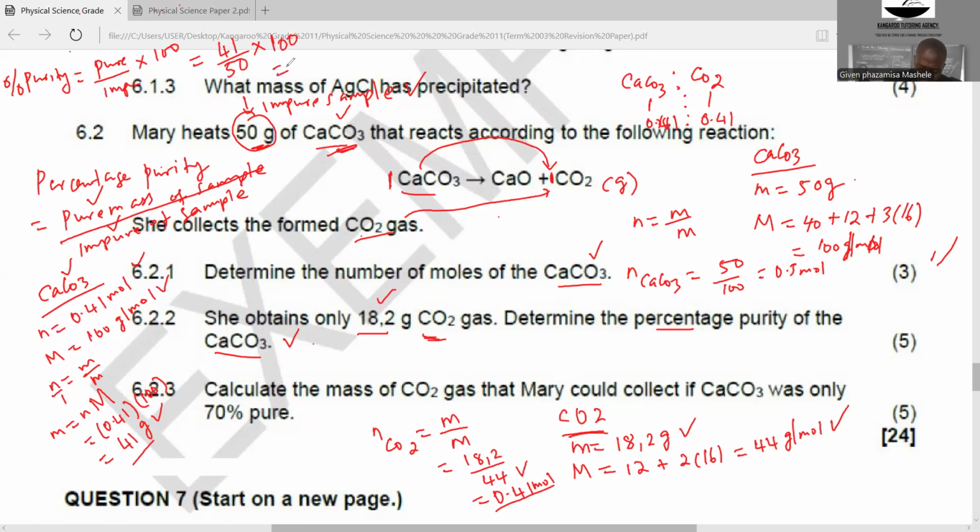This will give us 82%. This is our percentage purity. I believe you are following. All right, now from here it says, sorry guys, I want to erase this so that we continue.